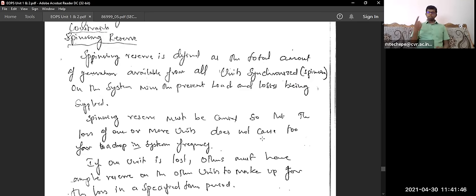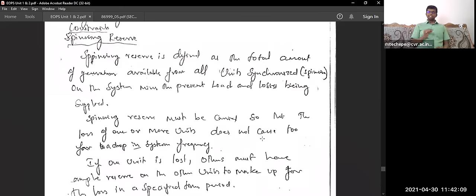because for generating 1 megawatt or 500 kilowatt, a large amount of diesel is required, even though we are generating for only 10 or 15 minutes, up to half an hour. Diesel cost is very high today, like 90 rupees per liter.